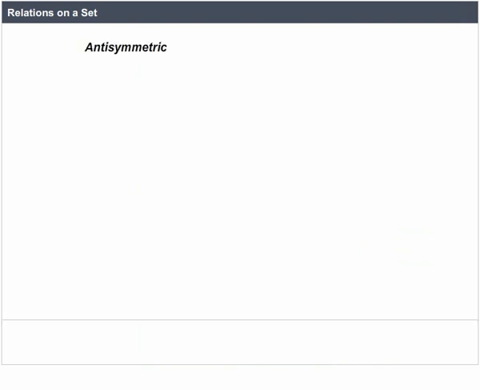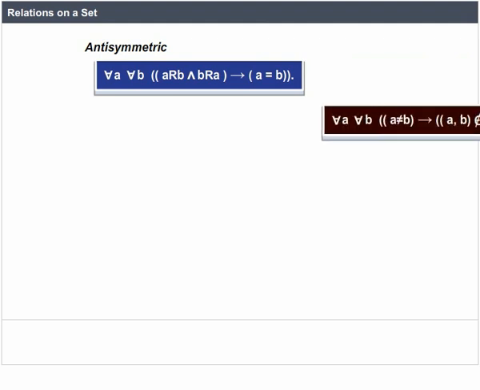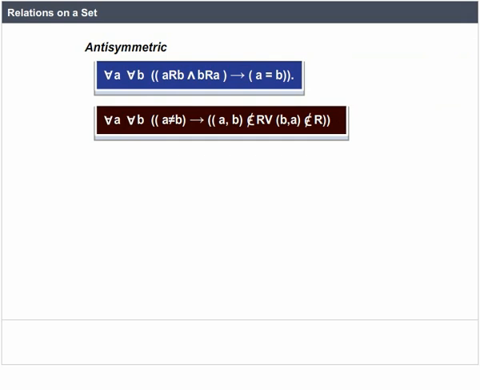Antisymmetric: for every a and b, a related to b and b related to a implies a equals b. Equivalently, for every a and b, a not equal to b implies (a, b) belongs to R or (b, a) does not belong to R. Example, L equals the set of (a, b) such that a is less than or equal to b.